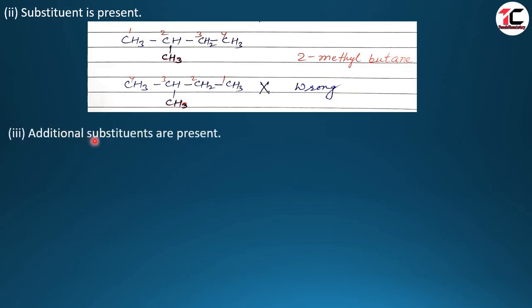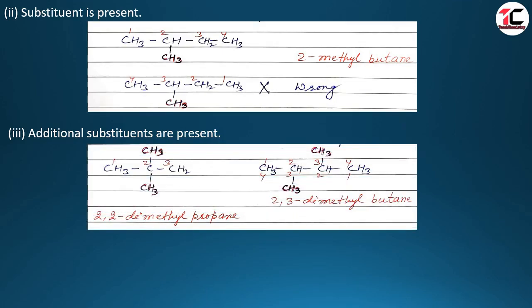If more than one substituent of the same type is present, then how can we name? Let us see in the diagram. Here is a chain of 3 carbon atoms, and here is one substituent, another substituent. These substituents are of the same group, methyl group, methyl group. So we will number first, second, third. If we start from the other side, it is also first, second, third, so no problem here. Now how can we name it?